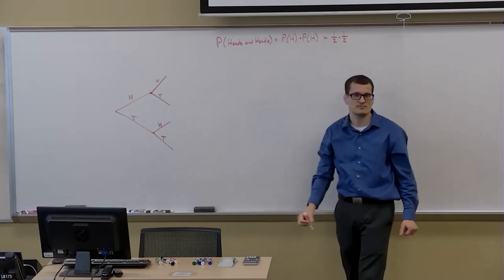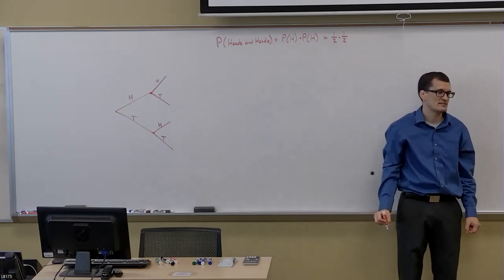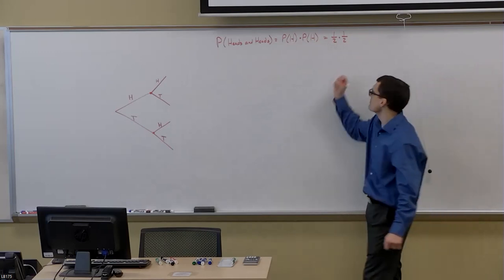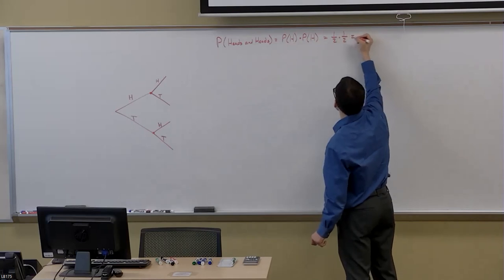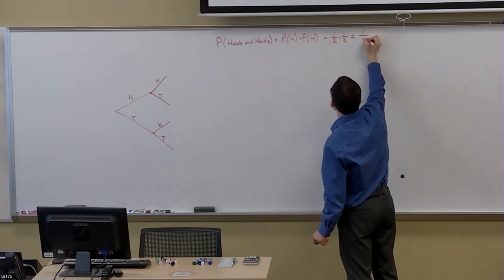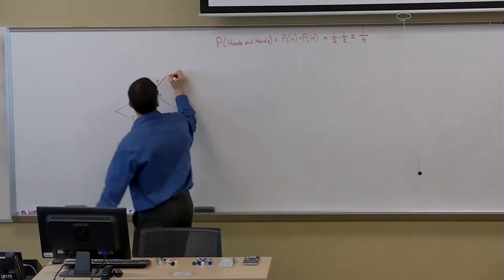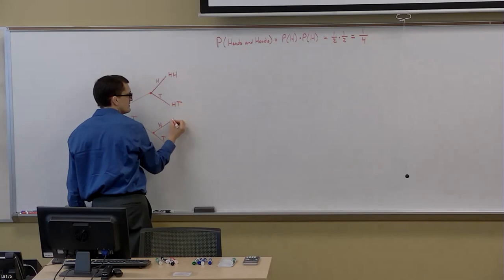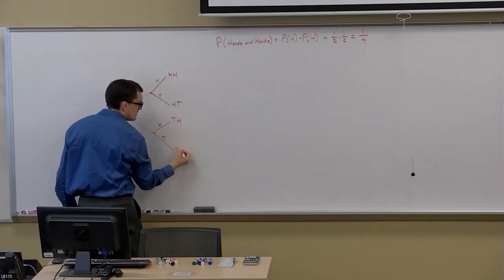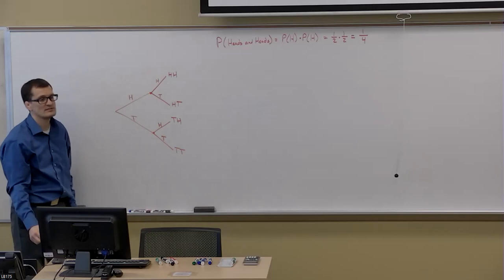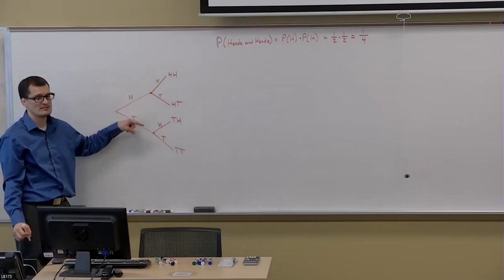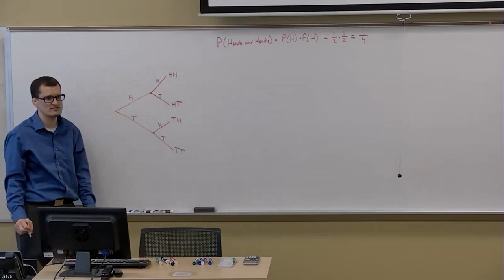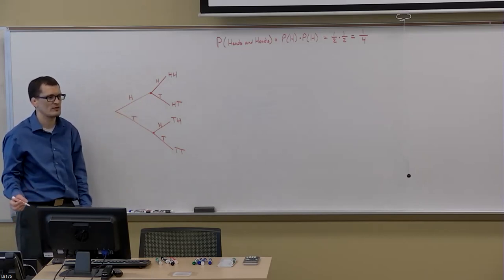On the second flip, since we have independent flips, it's also 1/2. When you multiply fractions, you multiply their numerators and then multiply their denominators. And sure enough, heads and heads is one of the 4 options present in this diagram. You don't have to draw the diagram or anything. I'm just trying to give you some motivation on why that works.